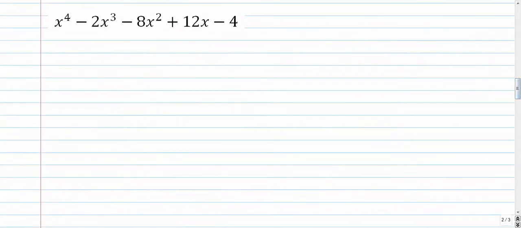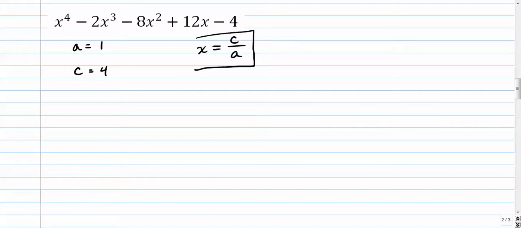Next example. All right, let's go a little faster here. We want to extract a and c. So the c term is 4, the a term is 1. We're looking for the possible rational roots, and we're going to get that from this formula right here.